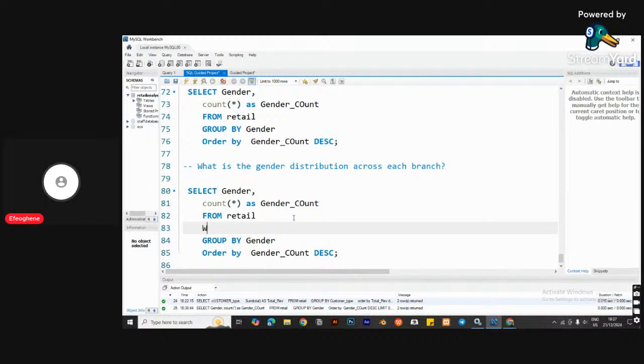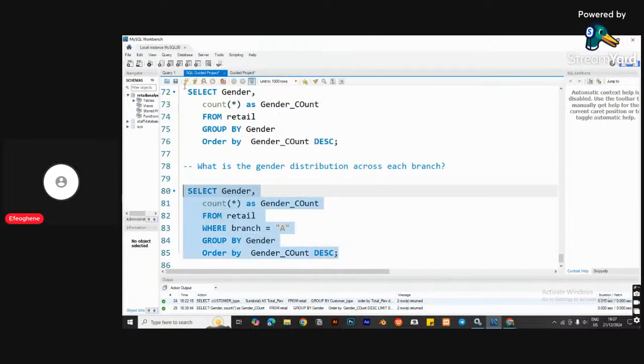So we say where branch equals, so across each branch, we can just say where branch equals A. You see how everything is adding up.